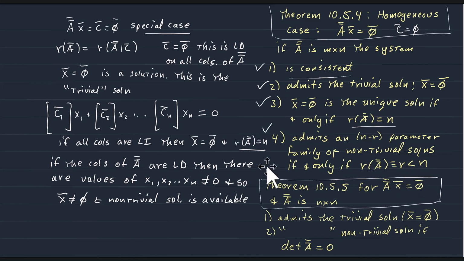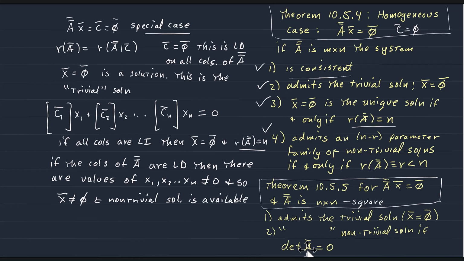And so the last part has to do with the very special case when A is a square matrix. Like the case when A is not square, it always admits a trivial solution. And it admits a non-trivial solution if the determinant of A is equal to 0.